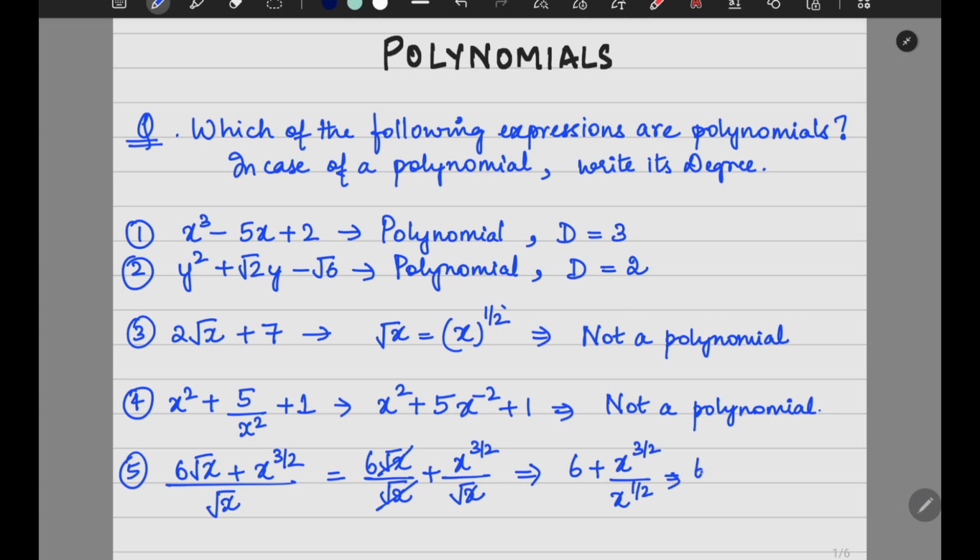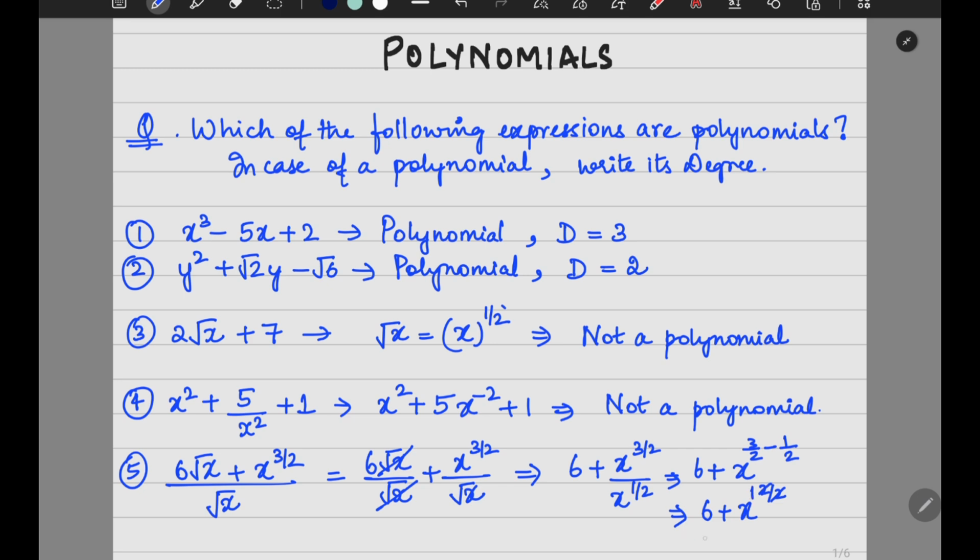If we have a division, then the powers are subtracted. So it is minus 1 by 2. Even if you take the LCM, it will become 3 minus 1, that is 2 by 2. So 6 plus x raised to the power 2 by 2, which is nothing but 1.